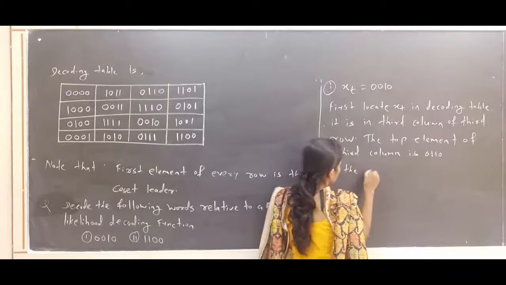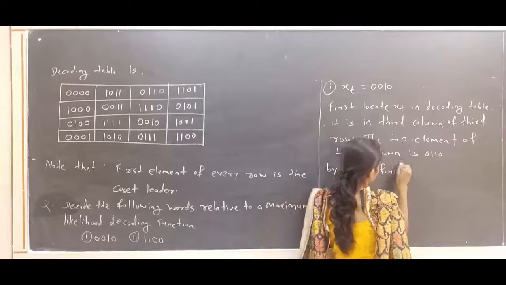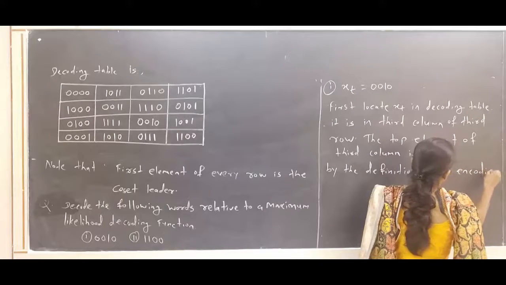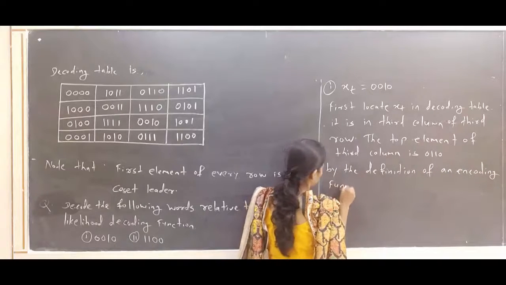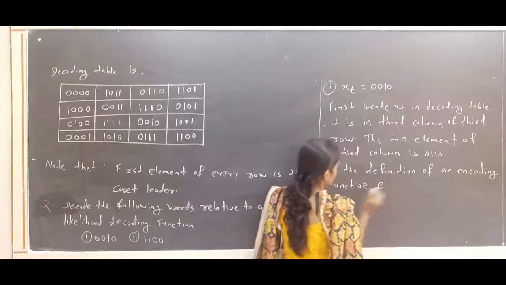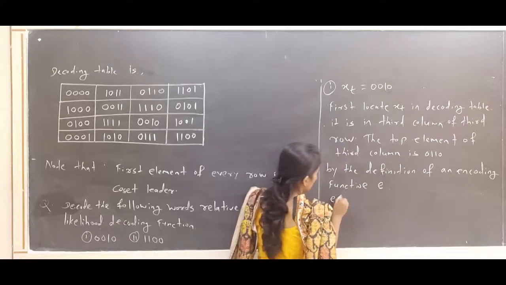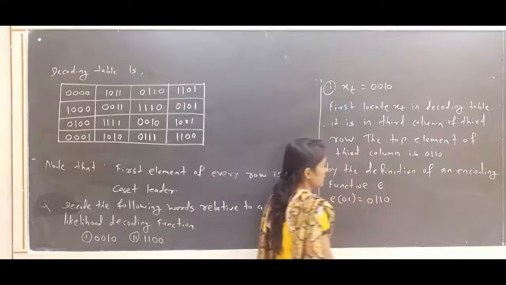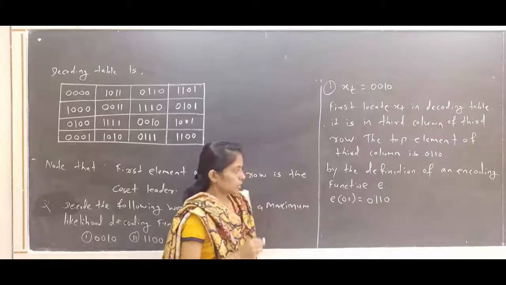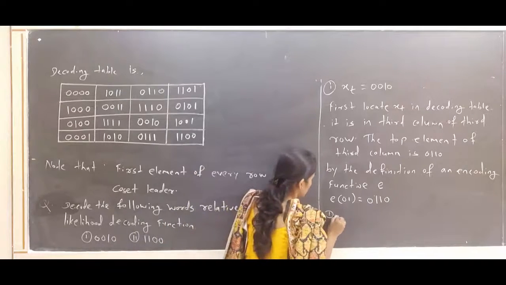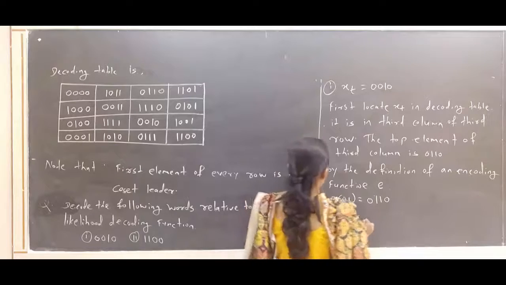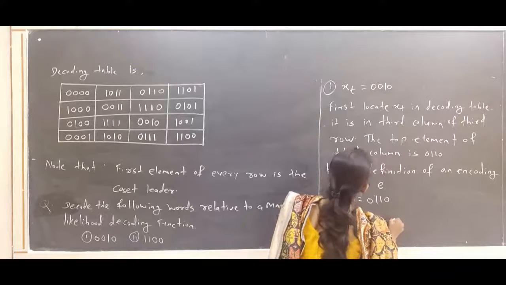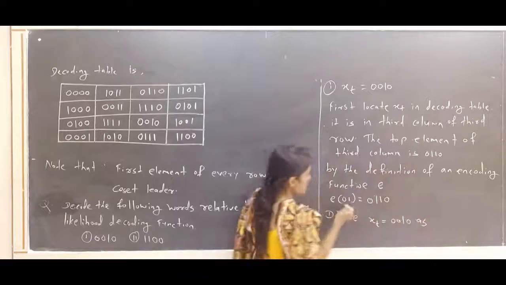By the definition of an encoding function, E of 0 1 is equal to 0 1 1 0, right? So decode xt equal to 0 0 1 0 as 0 1.